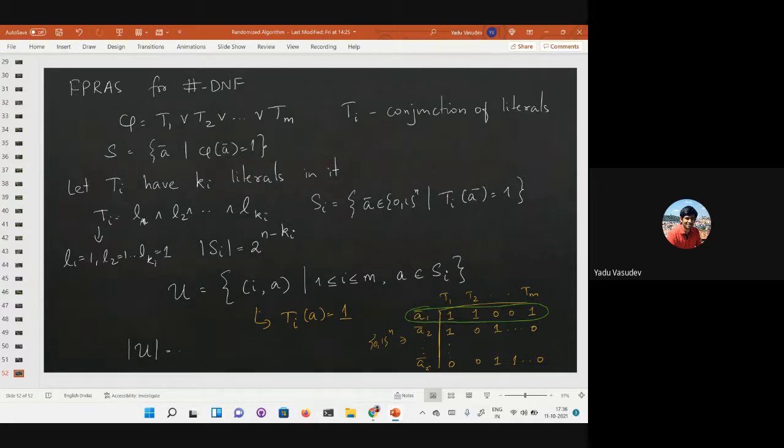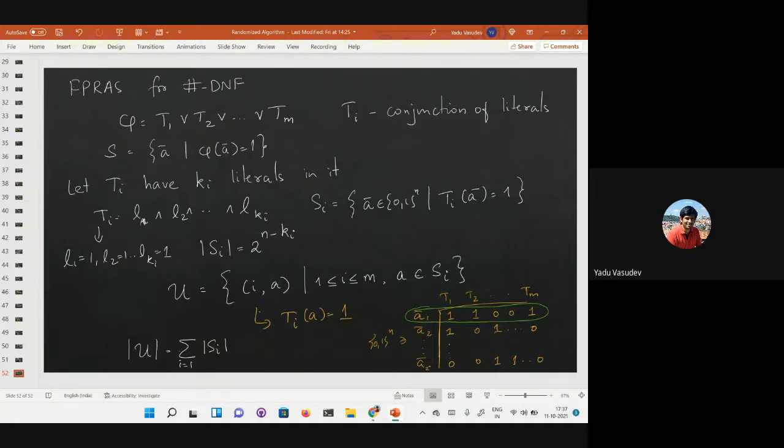How large is U? You can't give a specific value, but it's basically the summation of the cardinality of SI.